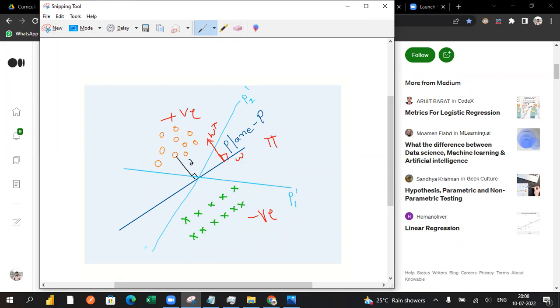Let's take this as xq. This is an unseen data point in your training data set, and on the negative side we also have an unseen data point. What exactly will logistic regression do here? It will take the distance from this unseen data point to the hyperplane, and it will calculate the distance.